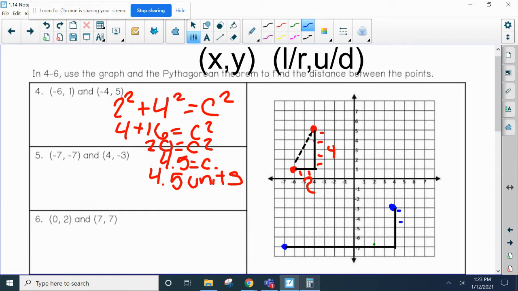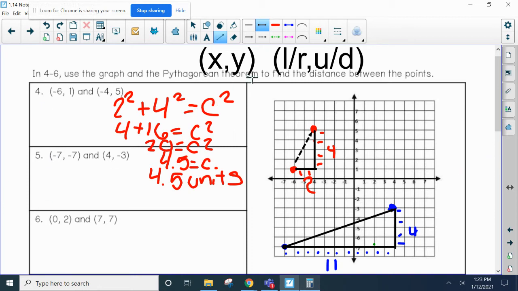We have 1, 2, 3, 4. And then we have 1, 2, 3, 4, 5, 6, 7, 8, 9, 10, 11. And we're looking for that diagonal distance, so we're looking for the distance from here to here.